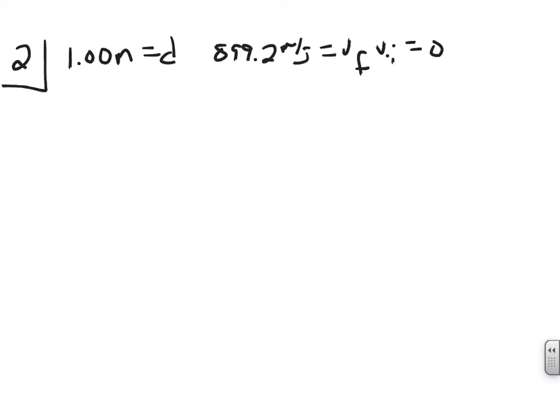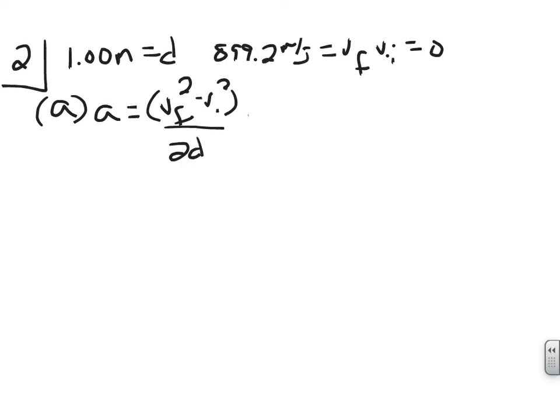The first one we want to do is find acceleration. If we're looking for A, the formula that has those 3 in it is the third formula down from the top. That would be VF squared minus VI squared divided by 2D.